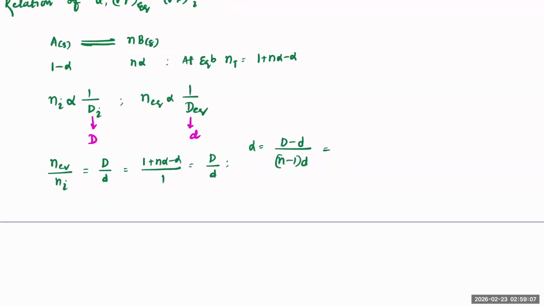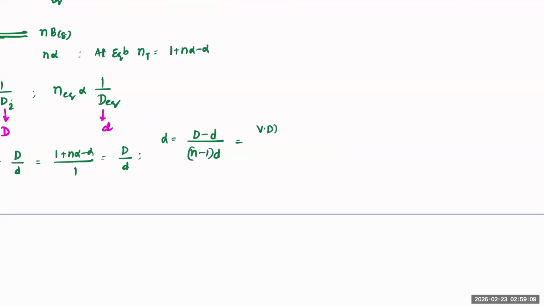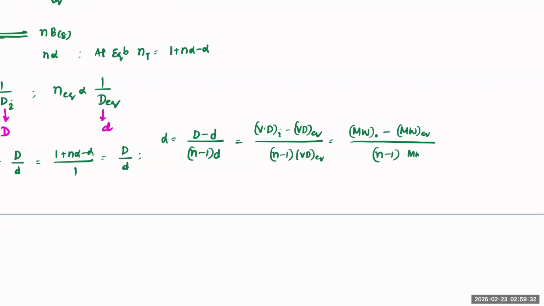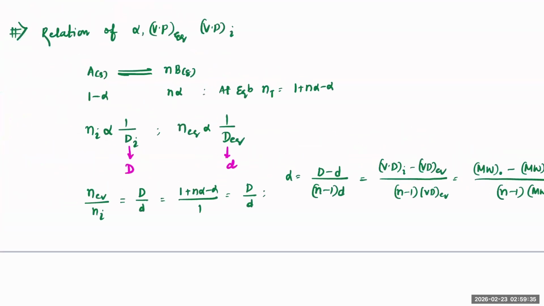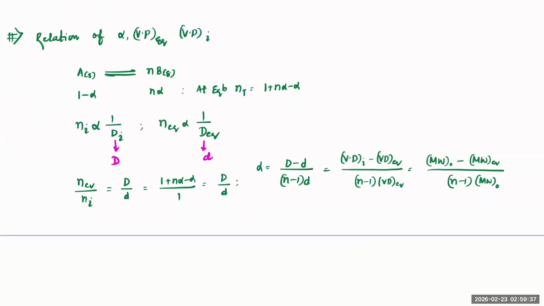Now, these D values can be interchanged with vapor densities: vapor density initial minus vapor density at equilibrium divided by n minus 1 into vapor density at equilibrium. Vapor densities can also be replaced in terms of molecular weight: molecular weight initial minus molecular weight at equilibrium divided by n minus 1 into molecular weight at equilibrium. This is the way you can relate vapor densities and alpha.